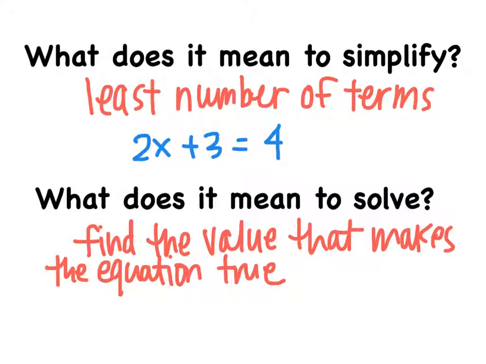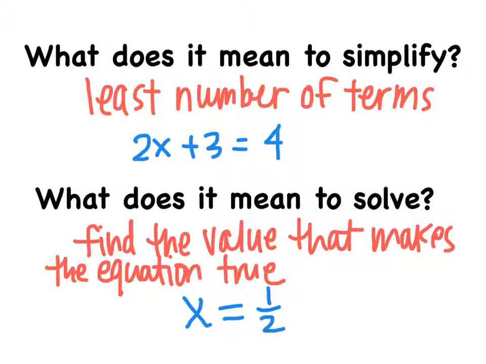Solving the expression is where we would subtract 3 from both sides, we would divide both sides by 2, that kind of thing, and we would get an answer, x equals stuff. In this case, x would equal 1/2. So this is the difference between simplifying and solving.